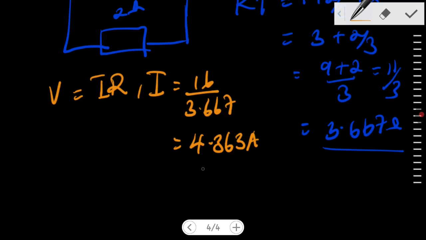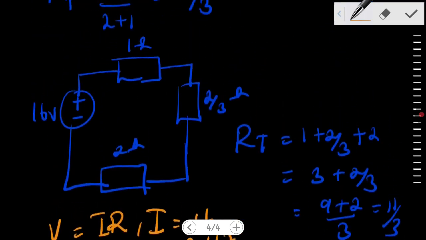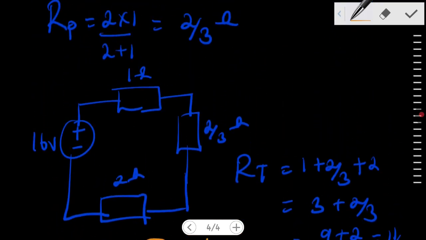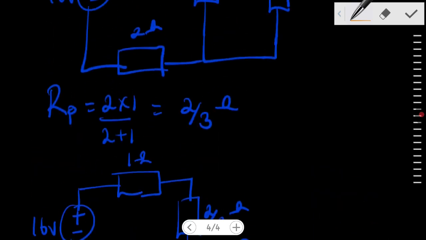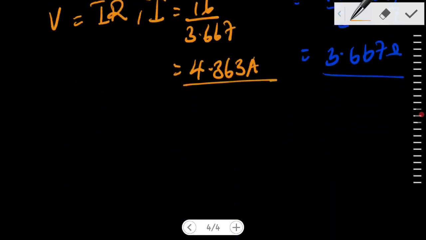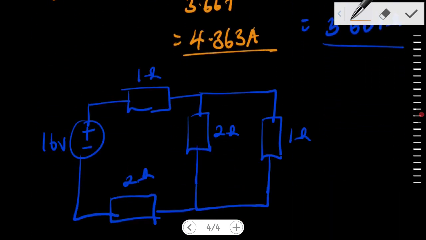Now, having got that, this is the total current into the circuit from the voltage source, our I, which equals 4.363 amps.